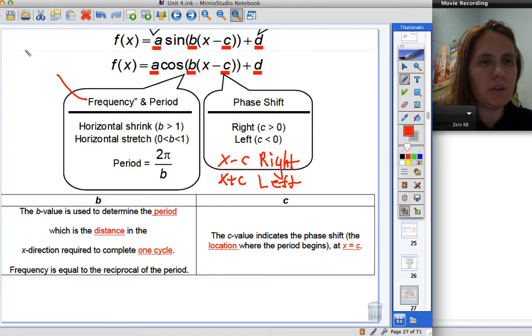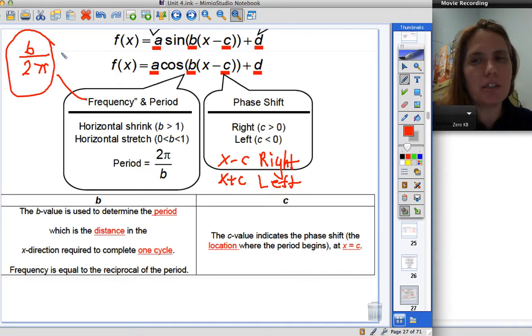So here the frequency formula would be whatever your B value is divided by 2 pi. I'm talking you through this in the video. I will tell you, at the high school pre-cal level, we really don't do a lot with frequency. But in physics, you probably cover this, and in your college pre-cal, you will cover it.